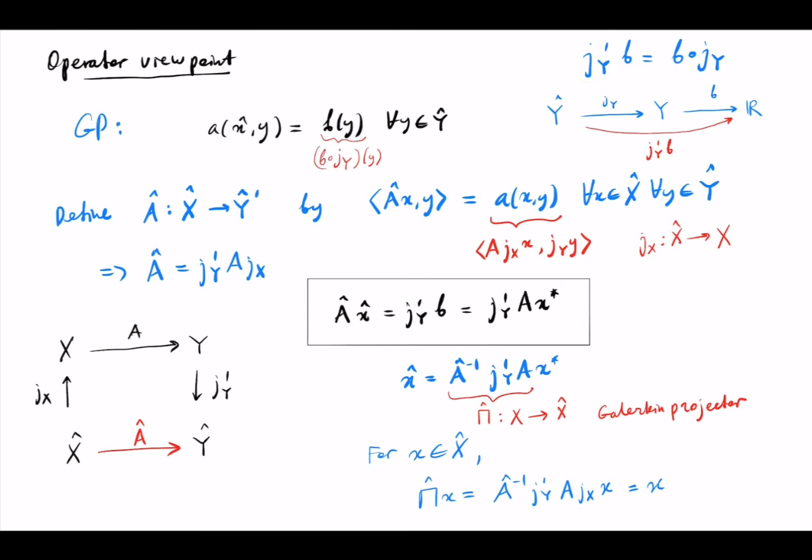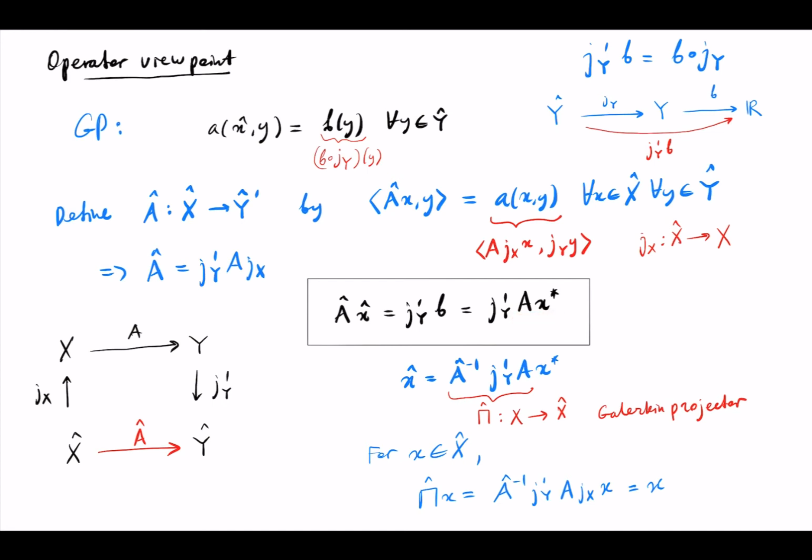So the Galerkin problem now can be written in this way here, in operator form. And we write b, of course, as A x star with the exact solution x star.